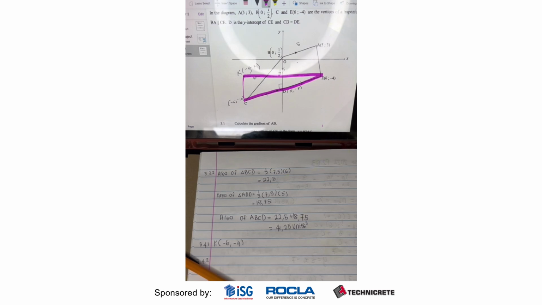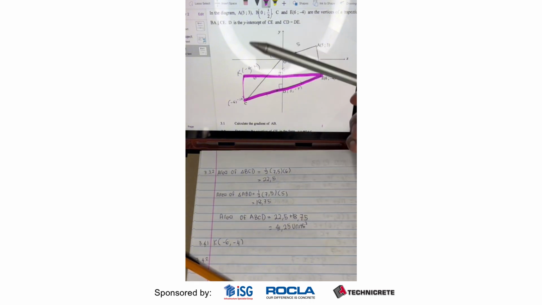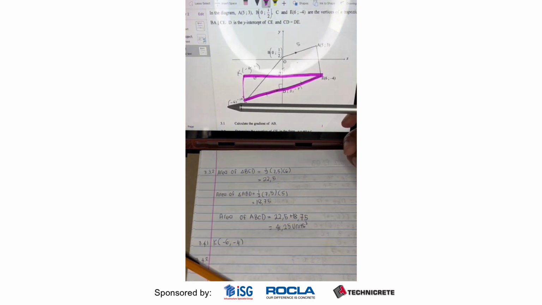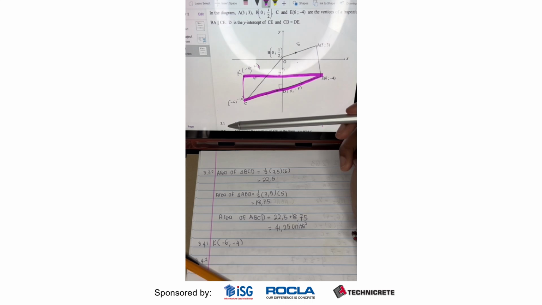So if we look at KC, the units, when we're looking on the y-axis going from up to down, we're looking at my y values to find the distance. So here we've got -4, -10. So -4 minus -10 is going to give me 6 units. And I'm going to write that out now.